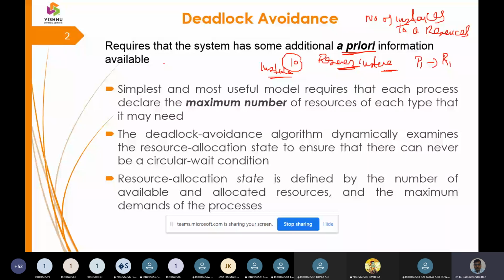Now there are processes P1 and P2. Process P1 requests 5 resources. Process P2 requests 3 resources. From the 10 instances, it allots 5, then allots 3, and it is left with 2 more resources.